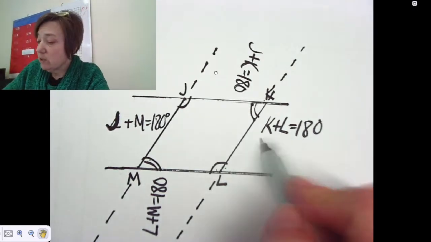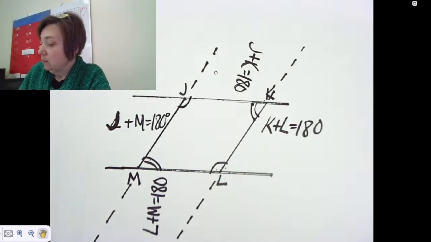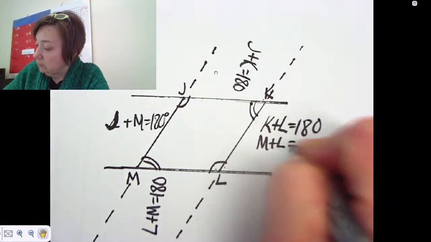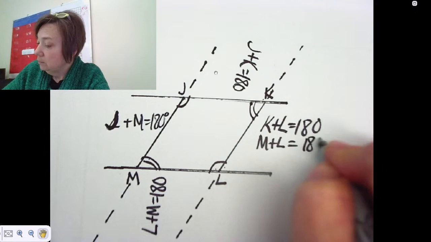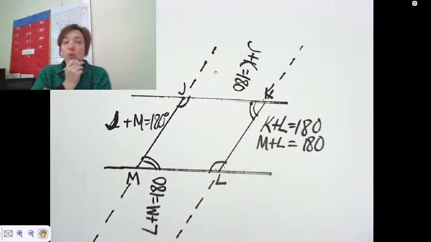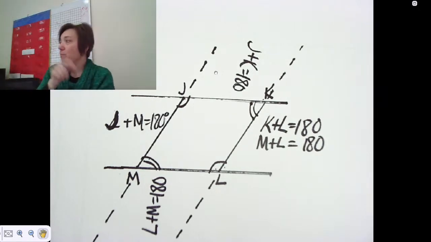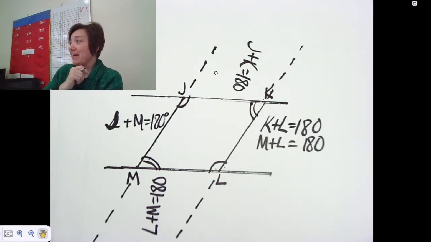Well, here's the relationship between K and L. Here is the relationship between M and L. What conclusion can you draw about K and M based on that? They have to be the same thing.